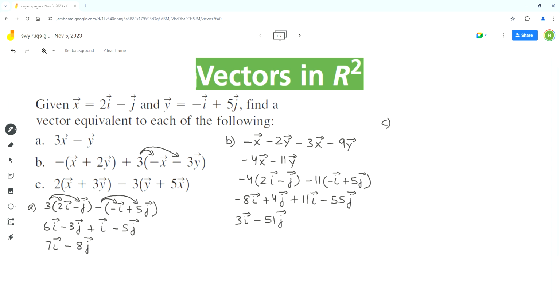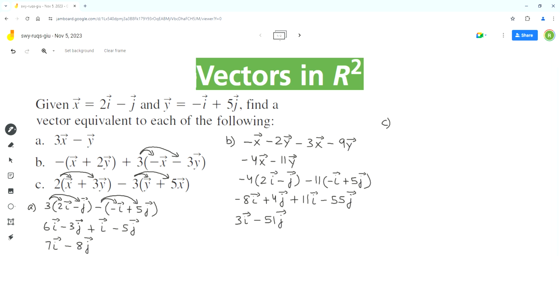Now we can analyze part C. So first we'll simplify the given expression. For the first parentheses, we'll distribute the 2 in the parentheses, and in the second one we'll distribute negative 3.